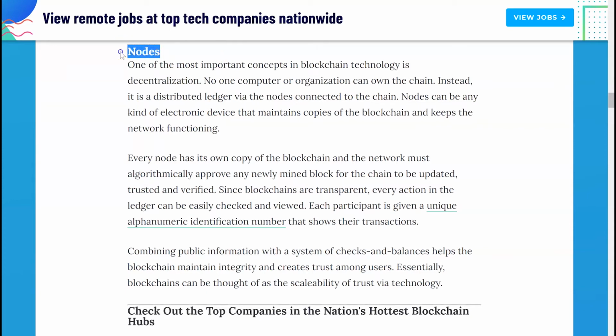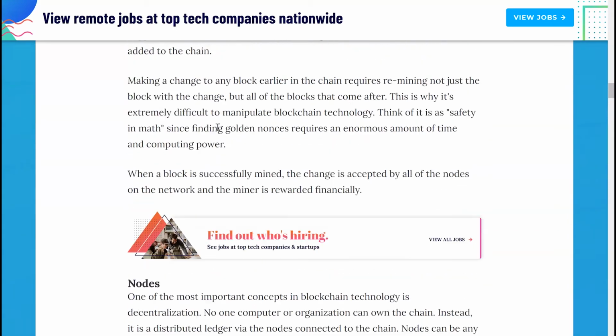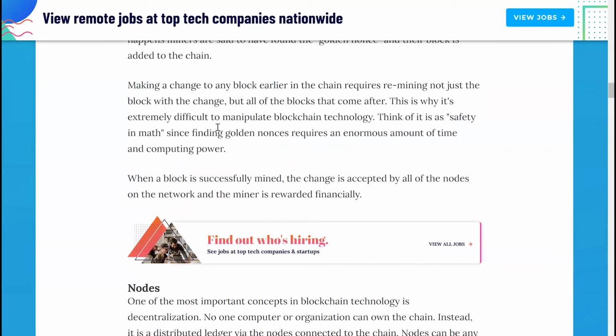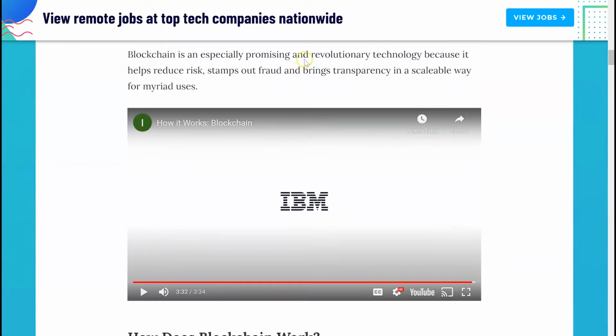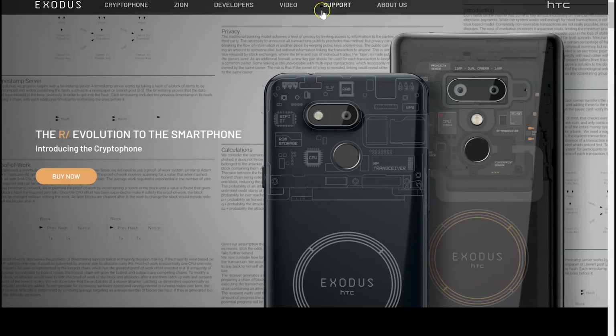Now that brings me to my next subject. What about a cell phone that is built on blockchain technology? What would that look like? Well, take a look at Exodus by HTC. This phone, you can only purchase it with cryptocurrency.